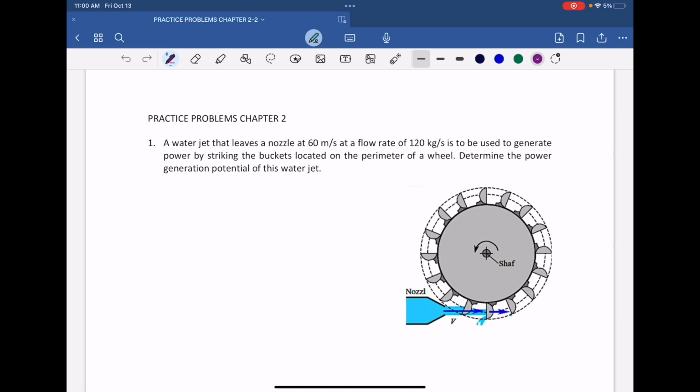Because we know the equation for mechanical energy of a flowing fluid per unit mass, right? Let's write it down. It is equal to flow energy related to the pressure, plus kinetic, plus potential.